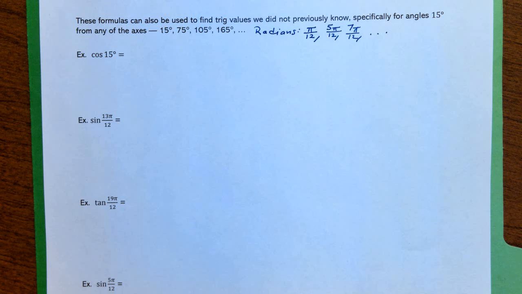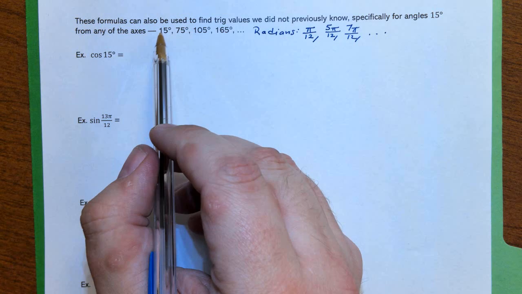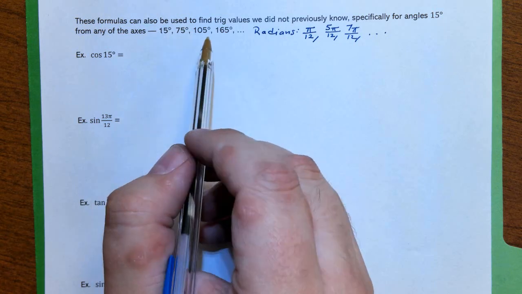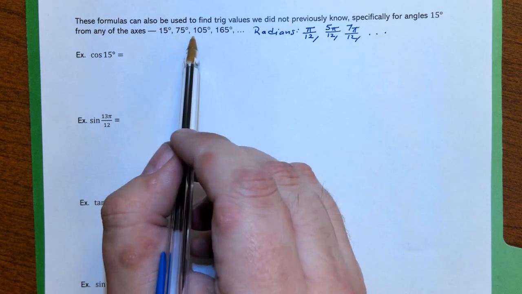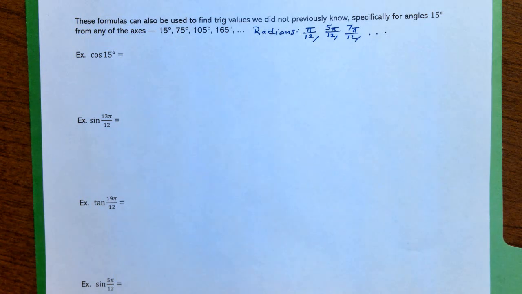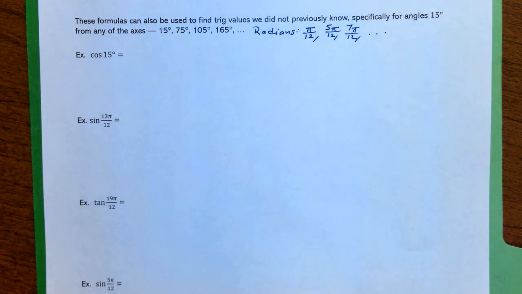We can actually break this down further and go to increments of 15 degrees. So 15 degrees from the axes, I would find myself at either 15 degrees or 75 degrees or 105 degrees if I'm 15 degrees away from the y-axis. 165 is 15 degrees away from the negative x-axis. In radians, these are all some form of pi over 12, whether that's pi over 12 or 5 pi over 12 or 7 pi over 12, etc.